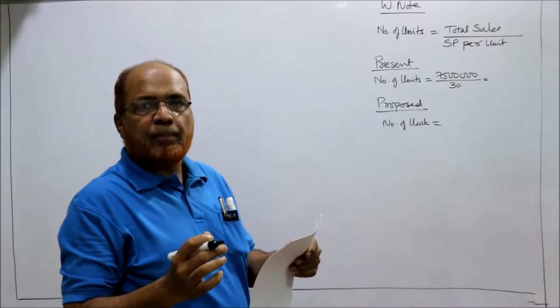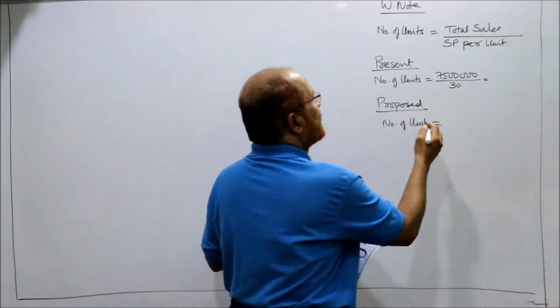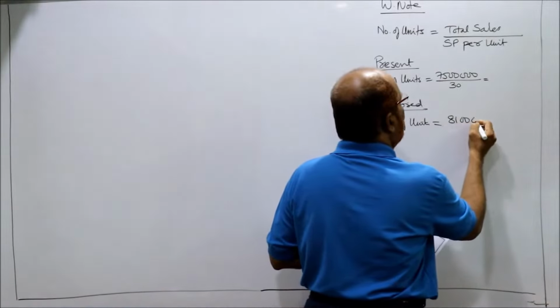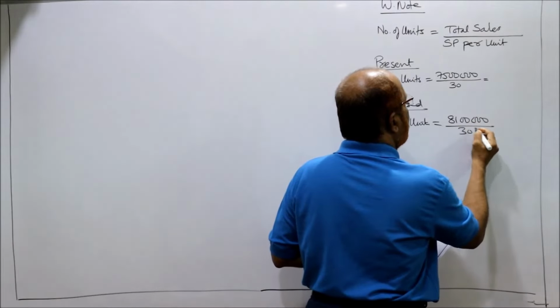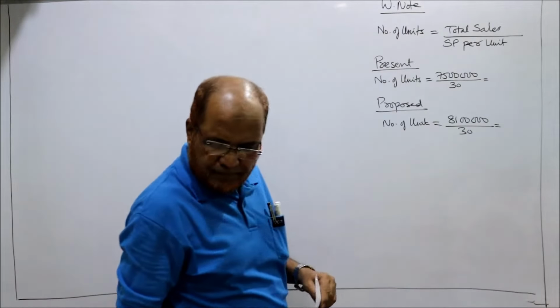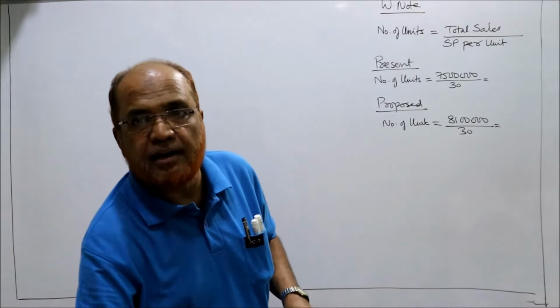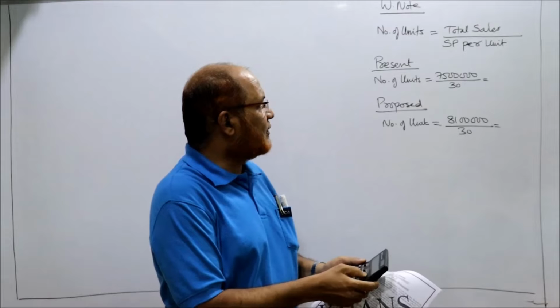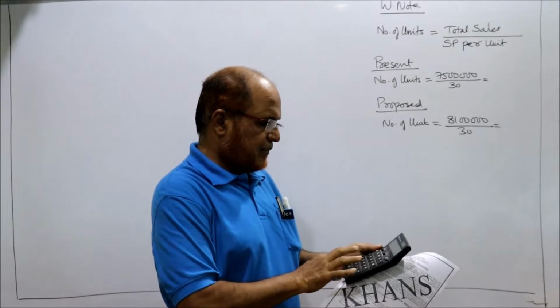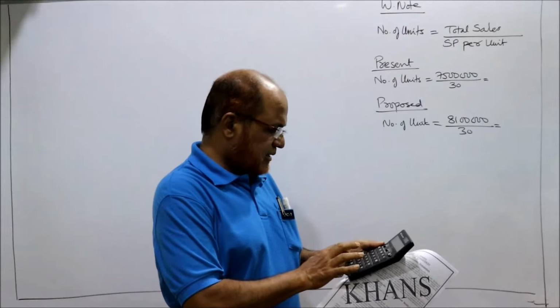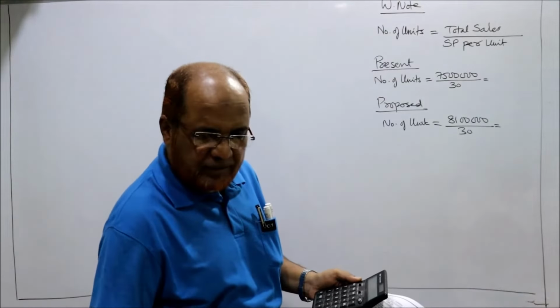So 75 plus 6 is 81 lakhs, divided by 30. In this way we are calculating the number of units. So 75 lakh divided by 30 is equal to 2,50,000.